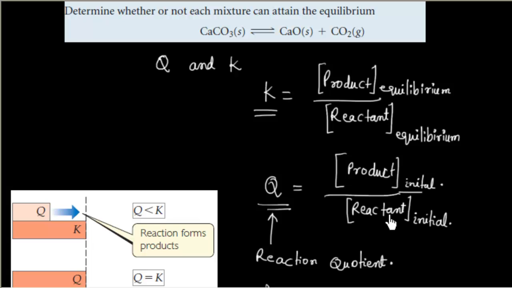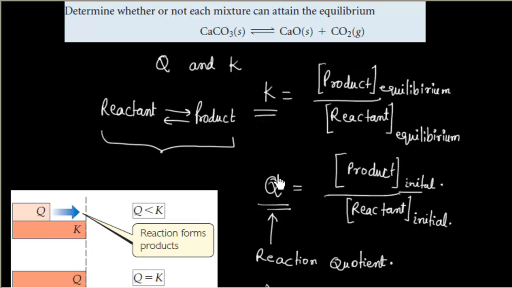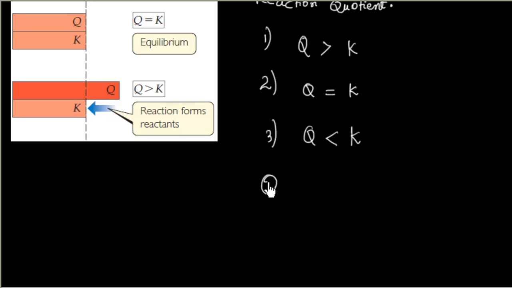Whenever we have a reaction, say reactant going to product, and this is an equilibrium reaction, we will have K. That is, Q always wants to reach K. So what is the tendency? Whatever the value of Q initially, it finally wants to become K, that is, at equilibrium.